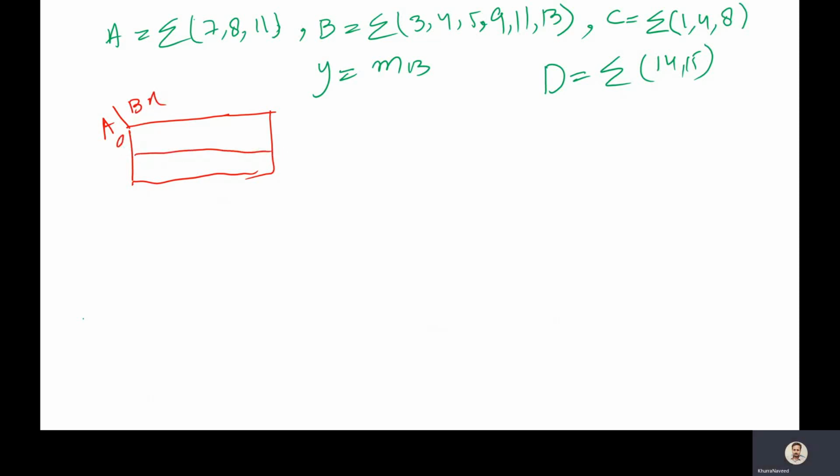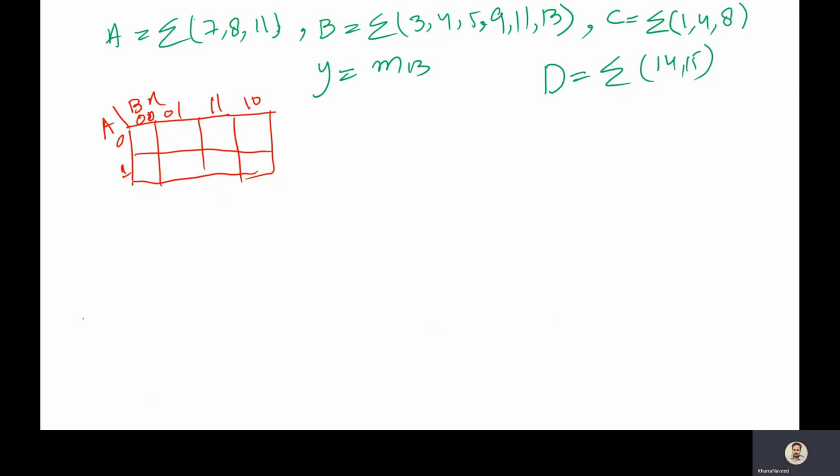So this is 0 and 1. 0 0, 0 1, 1 1, and 1 0. So we make sure that only one bit changes when we move from here to here, and also in the reverse direction.